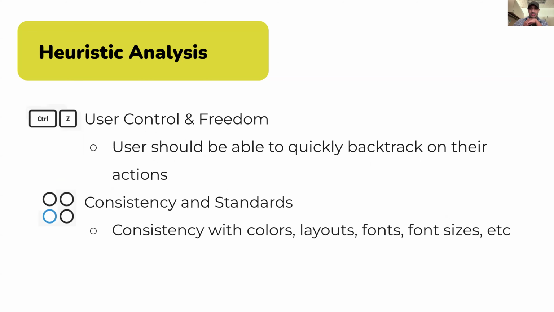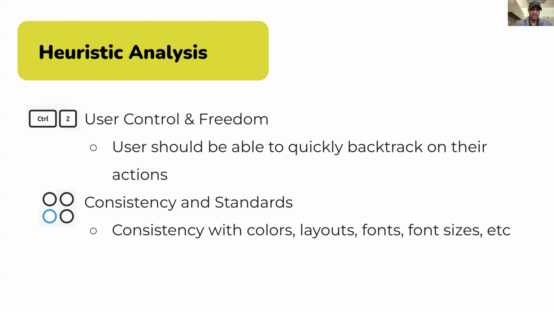The next one is user control and freedom. This one is providing the user actions so that they can quickly undo or redo anything they performed in the past. For example, if you accidentally add something to a cart, provide them options to easily remove it because that was done by accident.